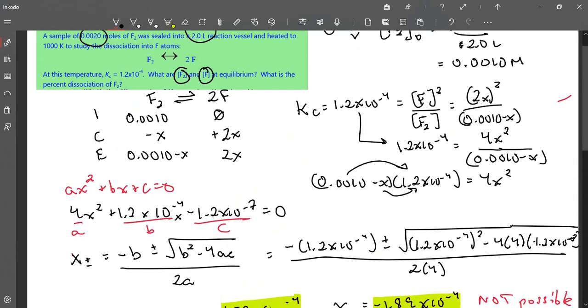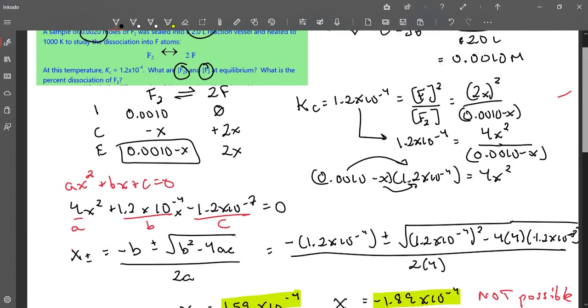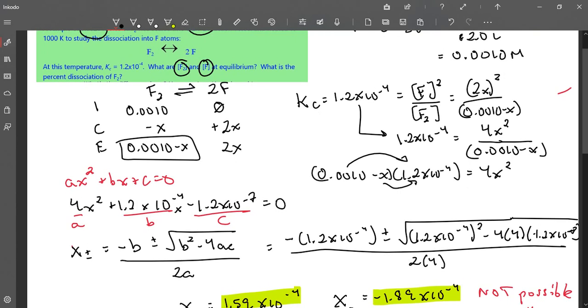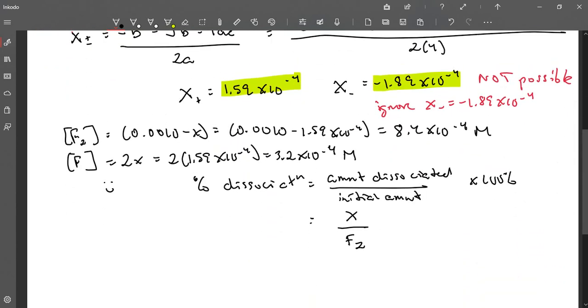So how much did we have at equilibrium? 0.0010 minus x, which we know to be, let me just change this first. It's not x here.